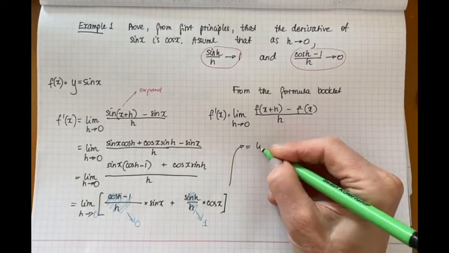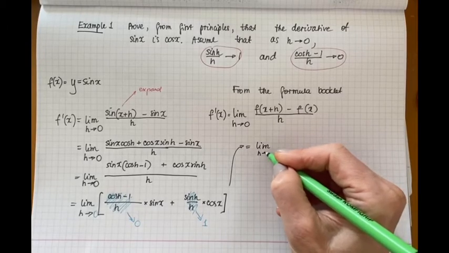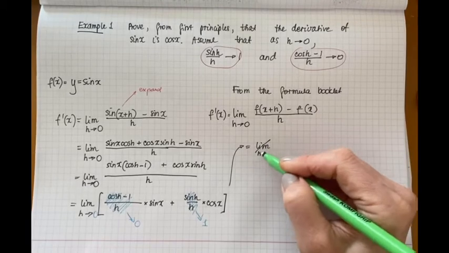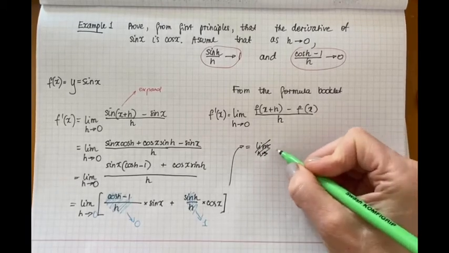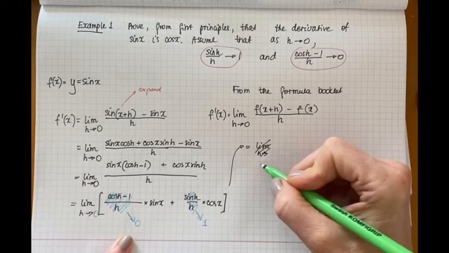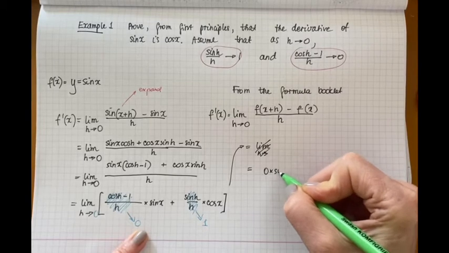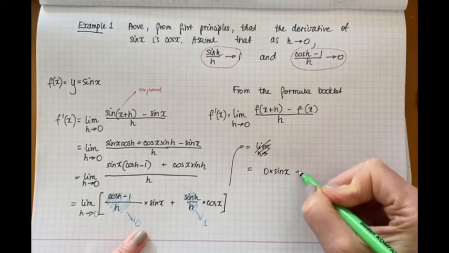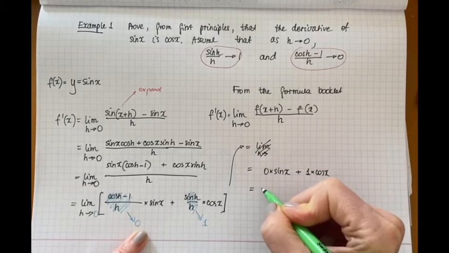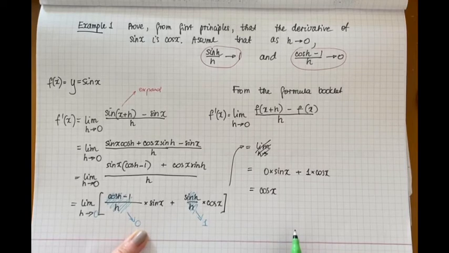So let me carry on this side here. Actually, once you've replaced it with 0, you don't need to put the limiting, you've already considered when h tends to 0. So the next line of working just needs to be written: 0 times sine x plus 1 times cos x, which is clearly cos x. There you go.